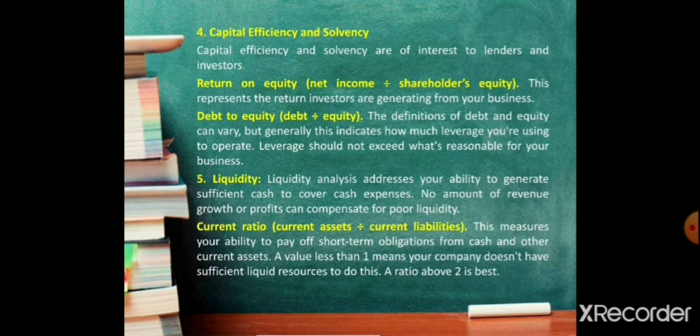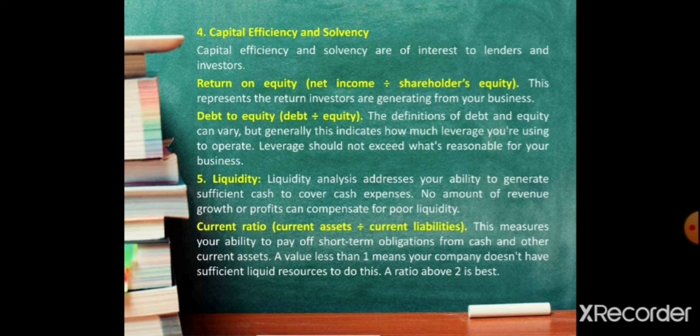First point, current ratio. Current ratio is calculated as per the formula current assets divided by current liabilities. This measures the ability to pay off short-term obligations from cash and other current assets. A value less than 1 means the company does not have sufficient liquidity resources to do this.